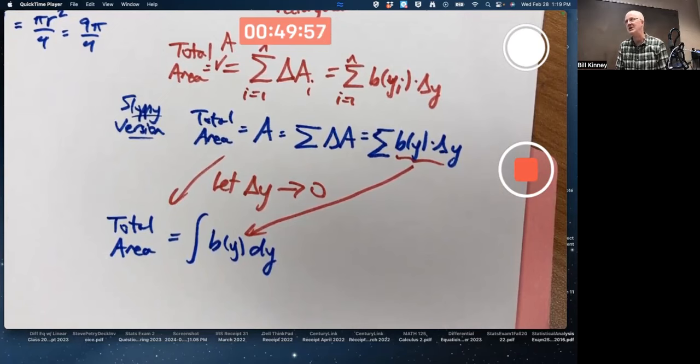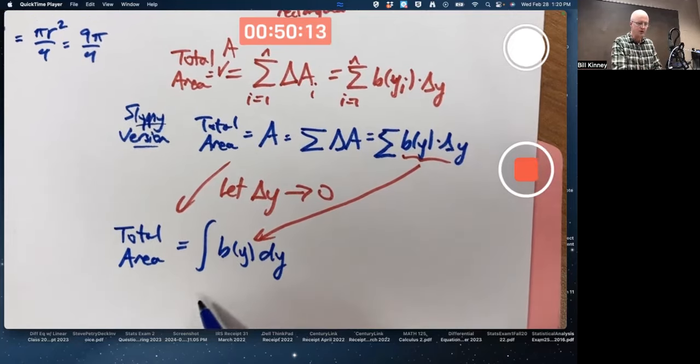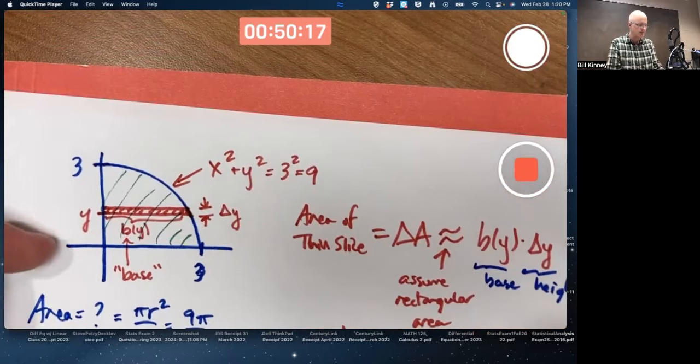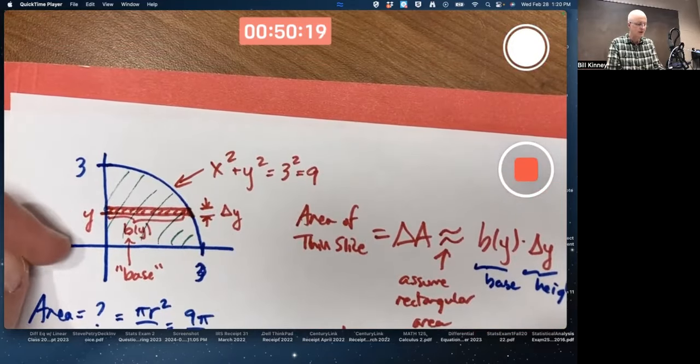It's really a definition, effectively, that the integral is defined to be that limit if the limit exists. It's not quite accurate, but close enough for us. Over whatever interval that we need to do it over, y goes from, look at the picture, over this entire quarter circle, y is going from 0 to 3.